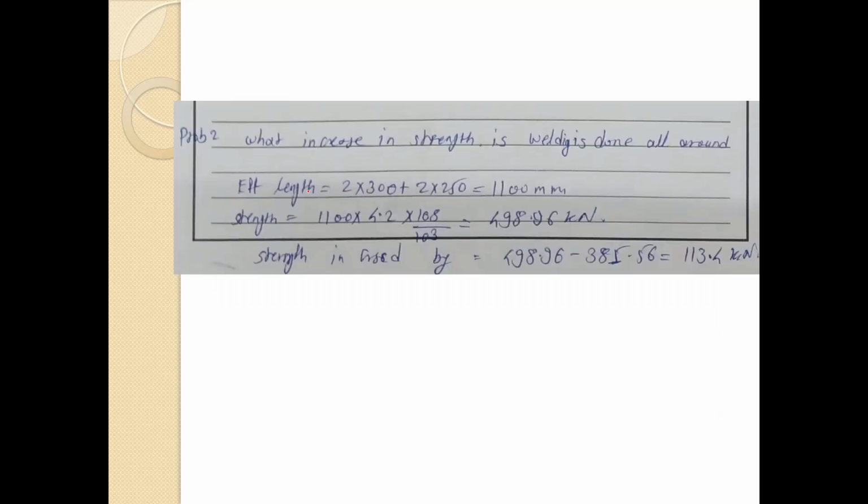So we have 2 into 300 and 2 into 250, which becomes 1100 mm. So the strength becomes the length of the weld, the throat thickness, and the shear strength, which is 498.96 kN. So the strength increased by 498.96 minus 385.56, that becomes 113.4 kN.